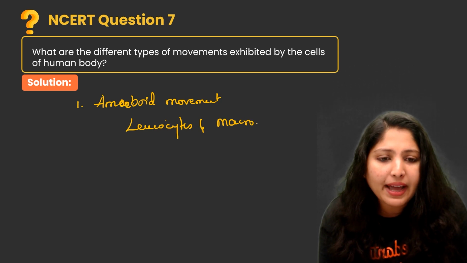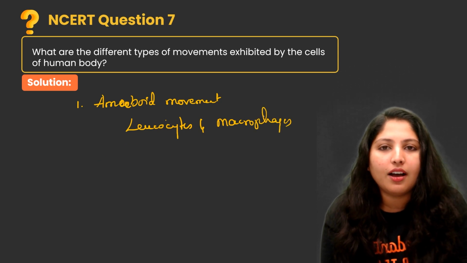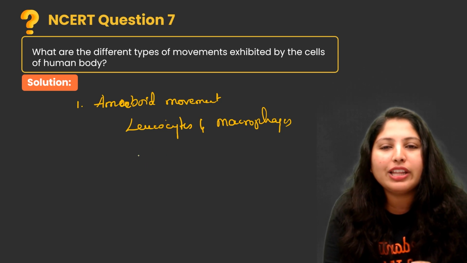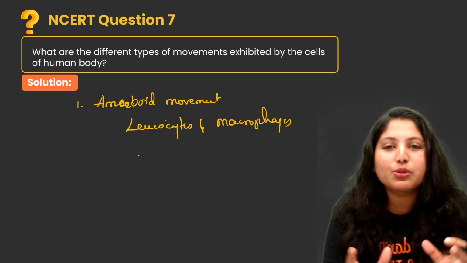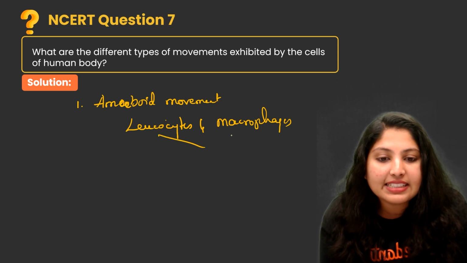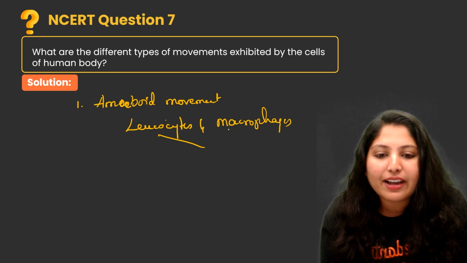These two cells show the amoeboid movement, that means pseudopodia kind of movement. They are both present in blood.